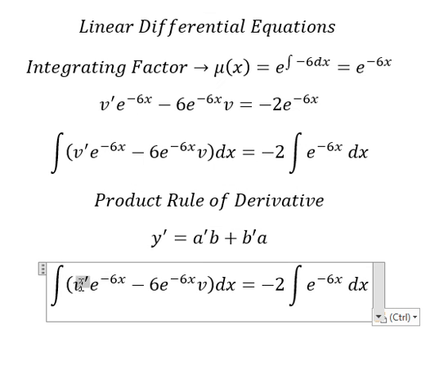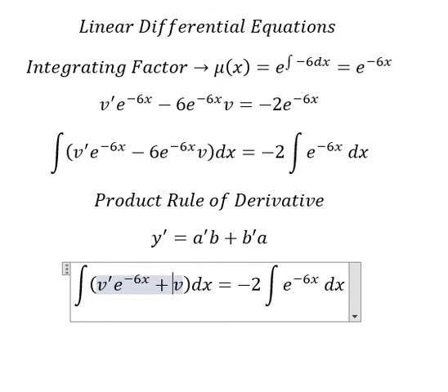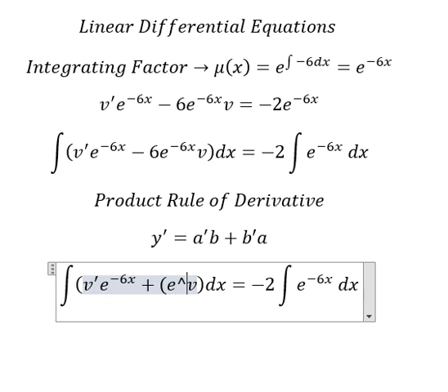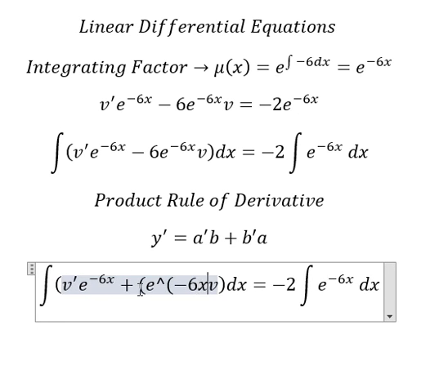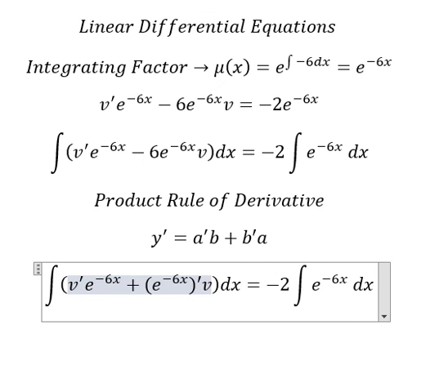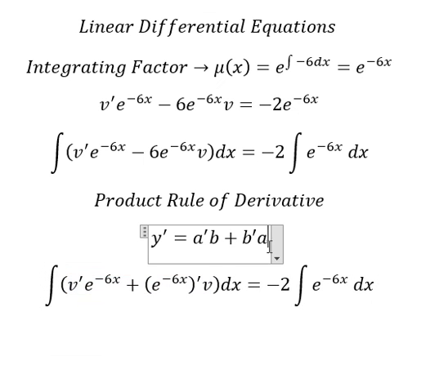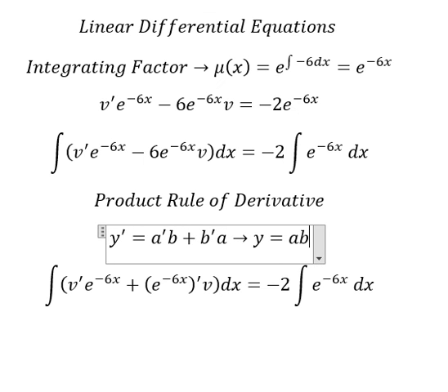So this one, we have first derivative of a multiplied by b. This one, that is about first derivative of b multiplied by a. So the integration of this one, we have y equals ab.